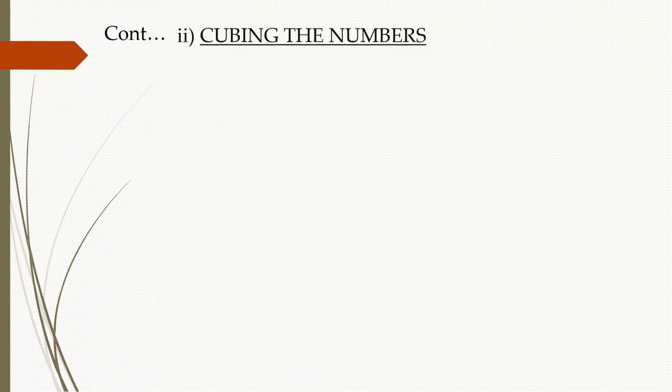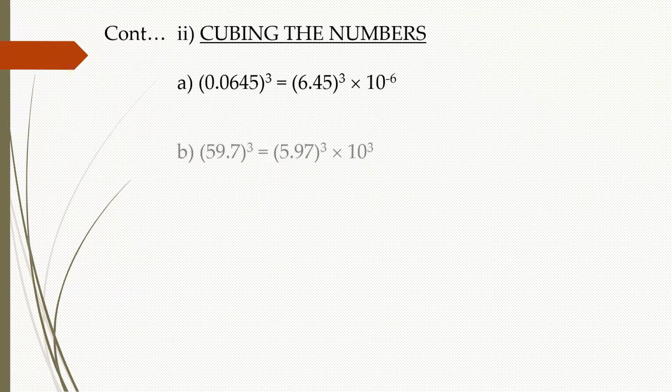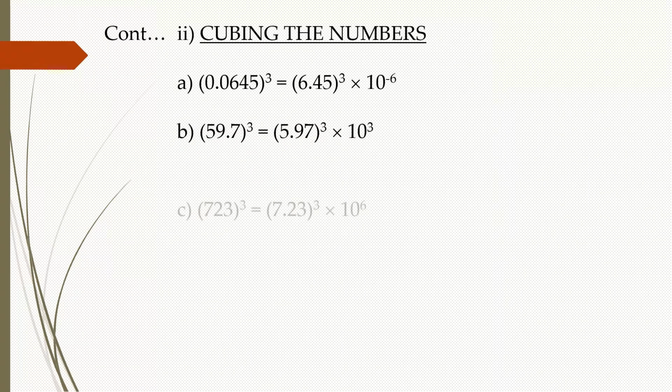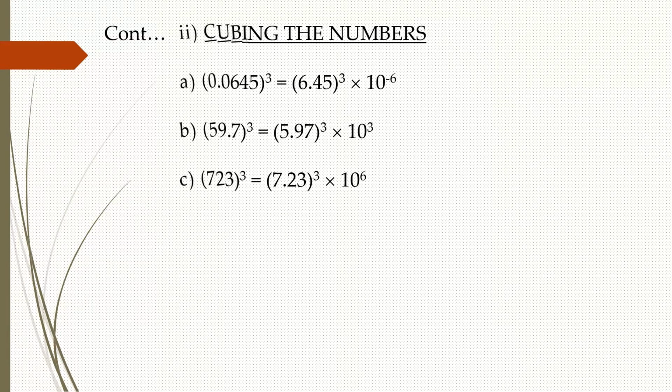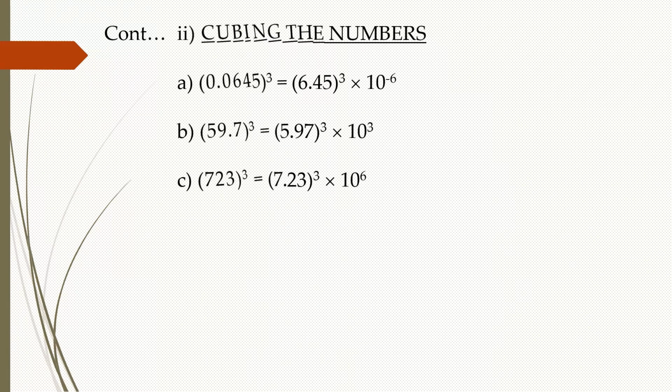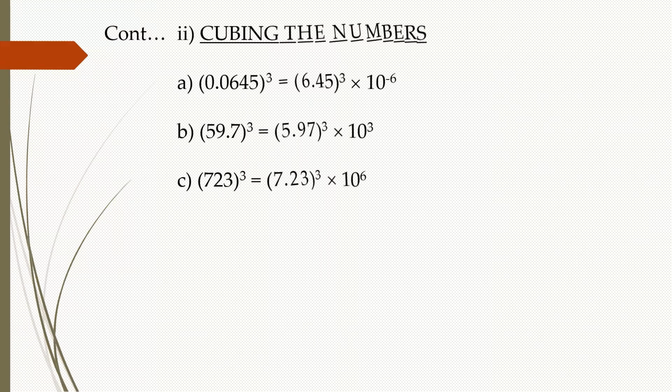So to continue with the same, after simplifying that part of 10 raised to power n, the power will be multiplied by another power 3, and that will give us, in the first case, negative 6, in the second case 3, in the third case 6, so that the part of 10 raised to power n will already be solved.